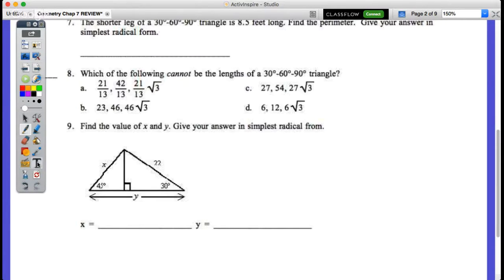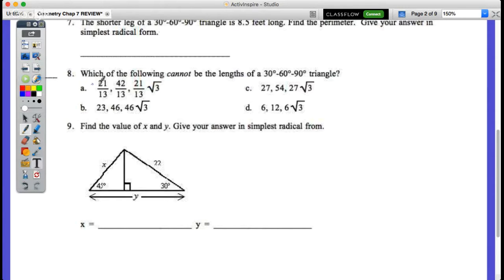Guys, for the following, which cannot be. So when I look at this, if this was the short side, then if I took 21/13 and multiplied it by radical 3, that would be the leg opposite the 60.